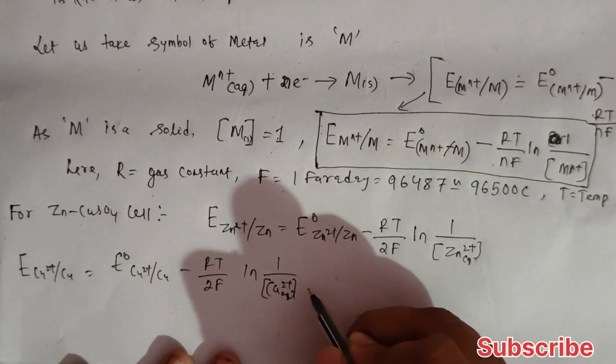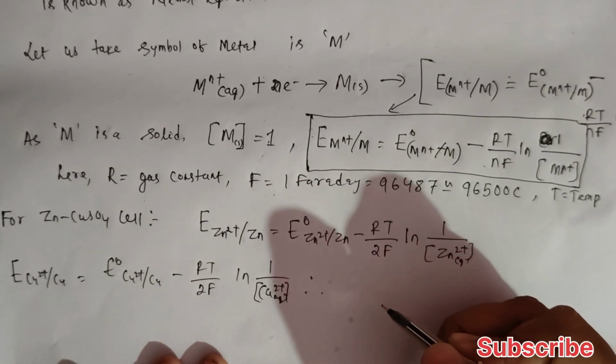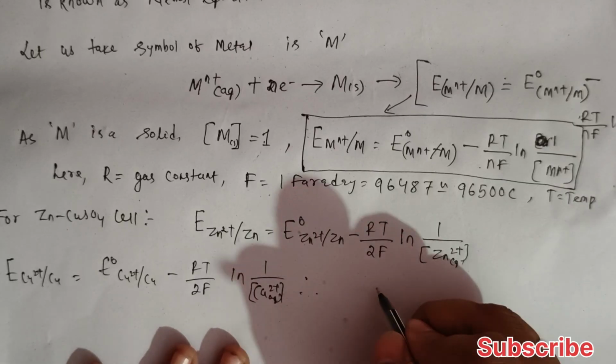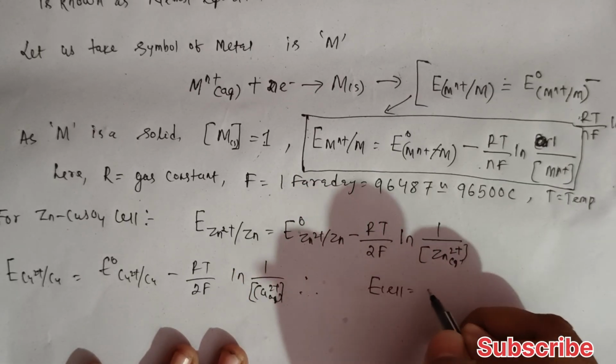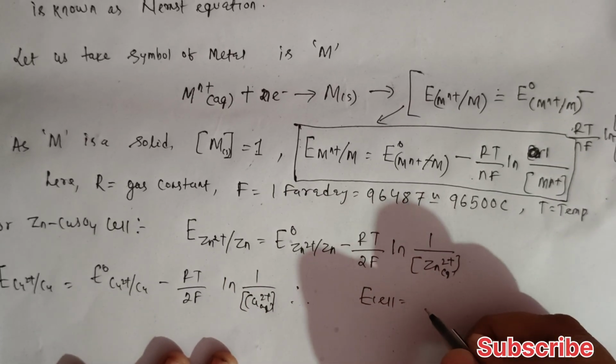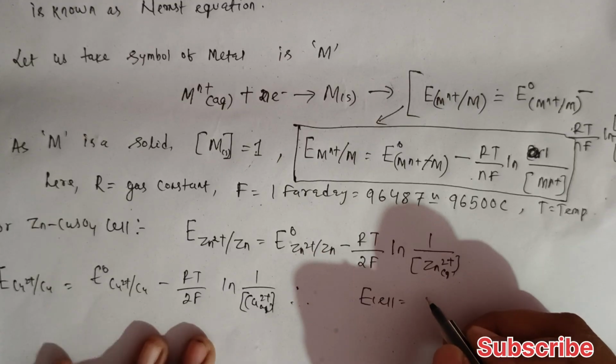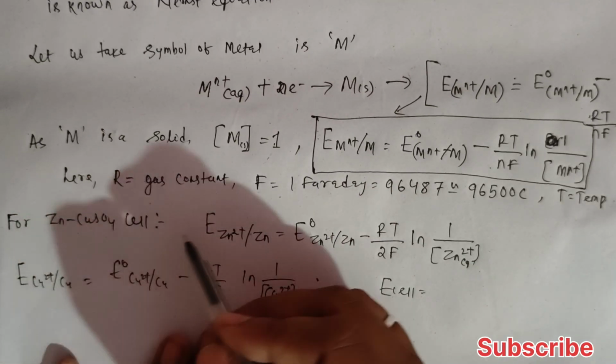Then we have to calculate the EMF of the cell. As we all know, E cell is equal to E cathode minus E anode. Here the cathode is copper and the anode is zinc.